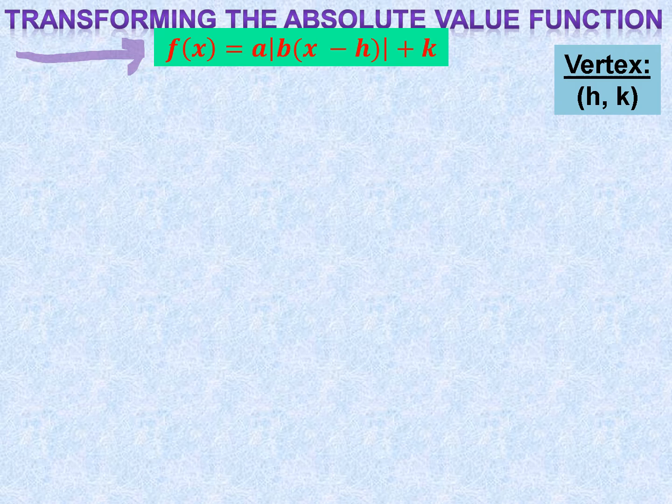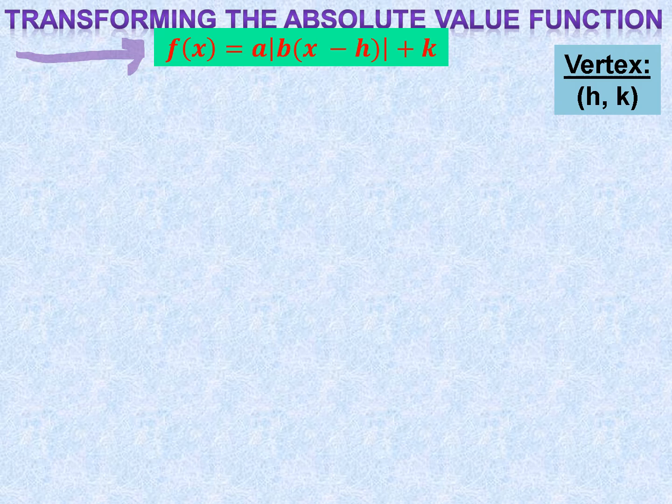Now, one thing we're going to talk about here in a little bit that is very, very important is that inside the function, inside those absolute value bars, it's opposite day. So you have to think in terms of opposite day when you're manipulating values inside that absolute value function, because everything is opposite.